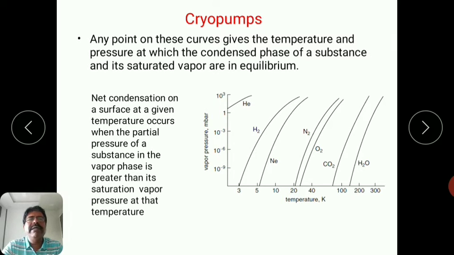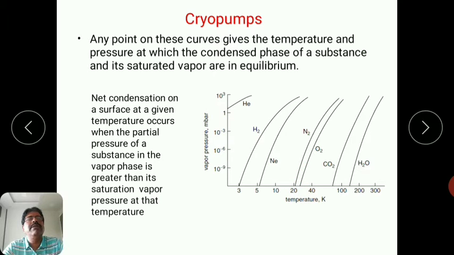Now what is the basic condition required for condensation? Net condensation on a surface at a given temperature occurs when the partial pressure of a substance in the vapor phase is greater than its saturation vapor pressure at that particular temperature.